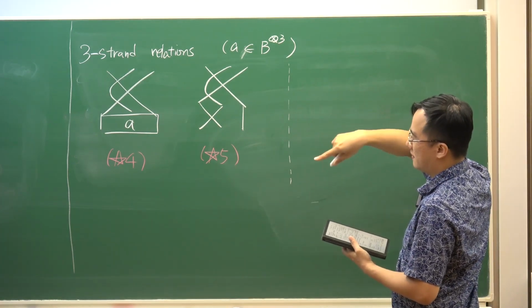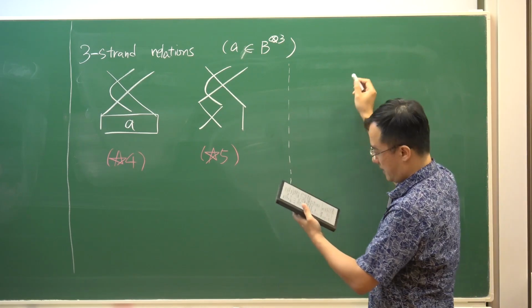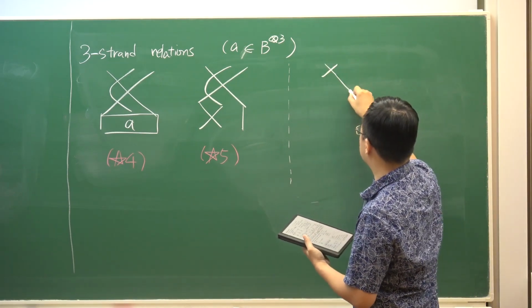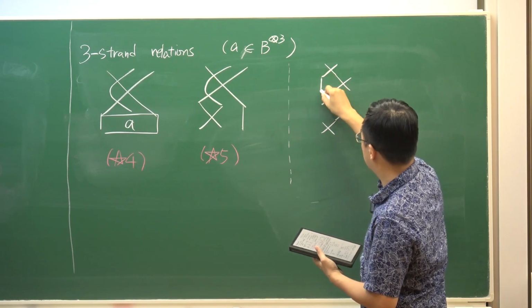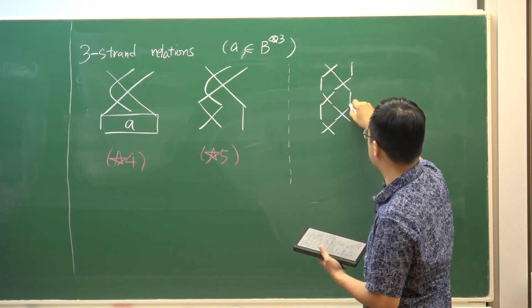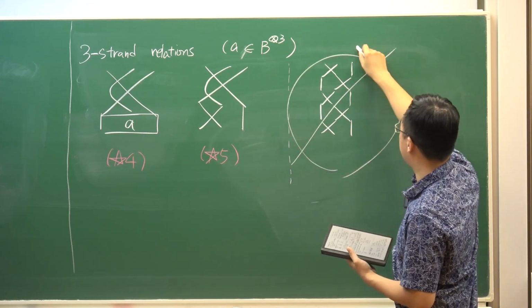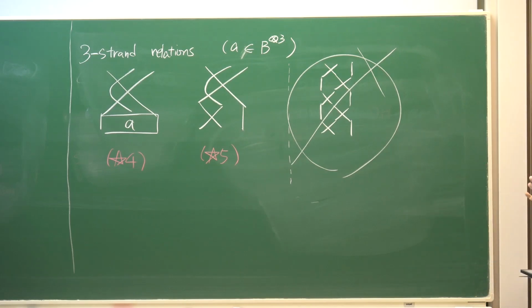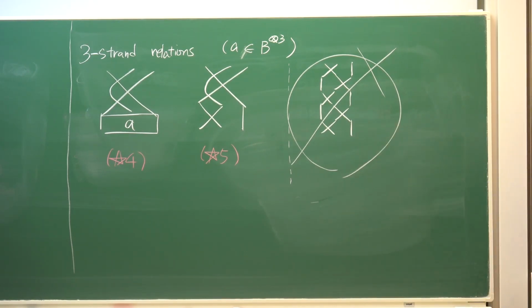Say, if you want to prove it from the graphical calculus point of view, you can also write down some 3-strand relations like this. But we will show that this is not needed. This will be a consequence, assuming star 1 to 5. And there's a reason for that, but we don't know how to do that at the moment.